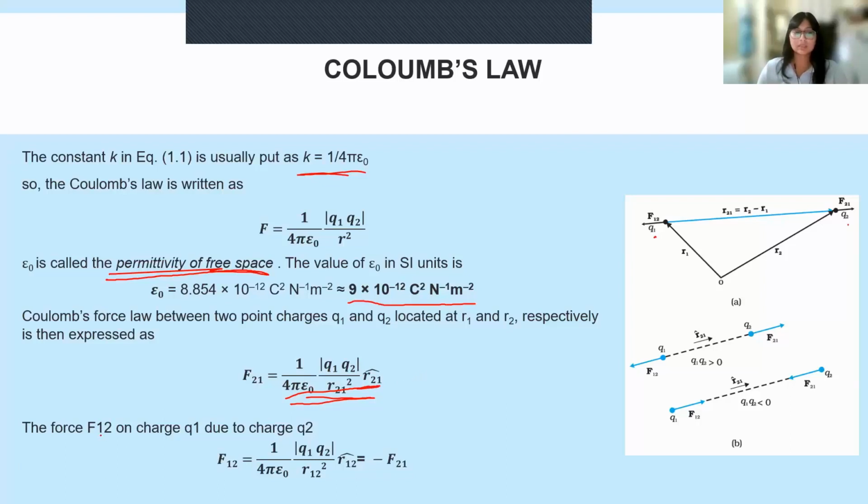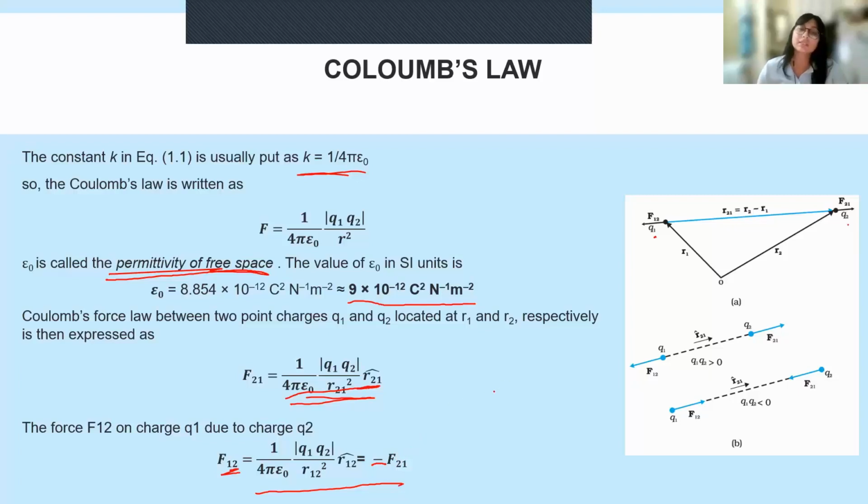Similarly, the force F12, that is the force on charge Q1 due to charge Q2, is given by this formula. You see now there is a negative sign. Why? Because the direction has changed. It is in the opposite sense to the force acting on Q2 due to Q1.